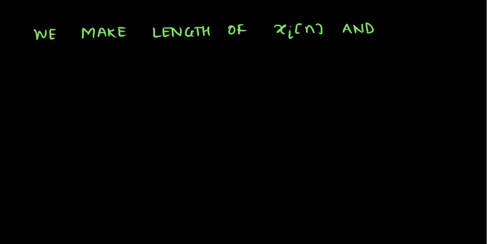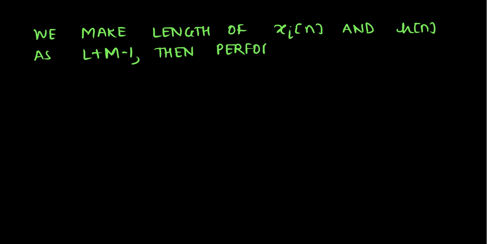So we make the length of xi of n and the filter h of n as L plus m minus 1, and then perform circular convolution.